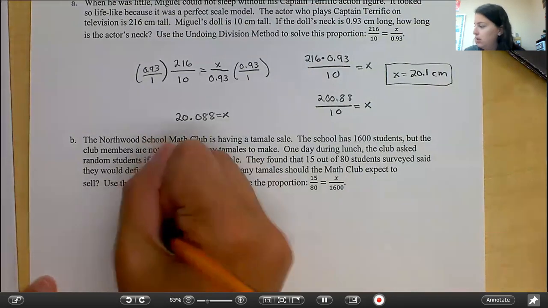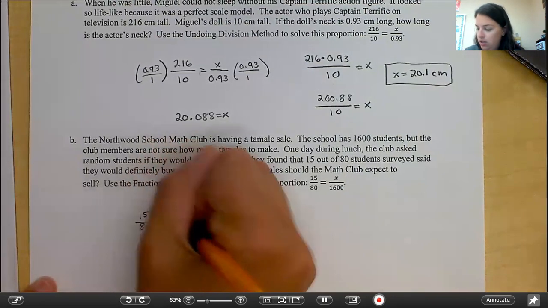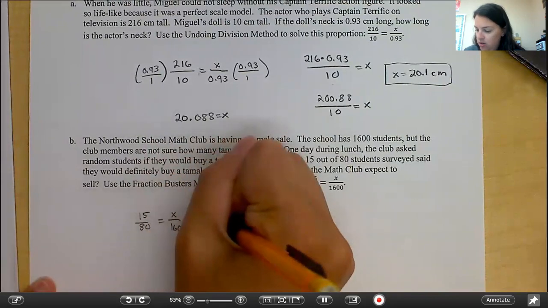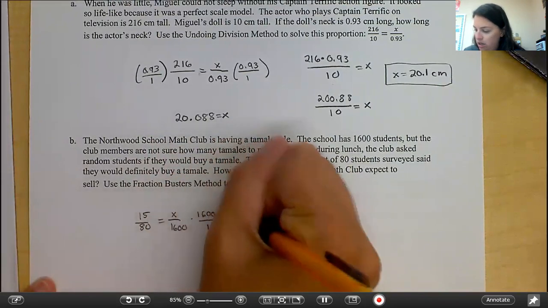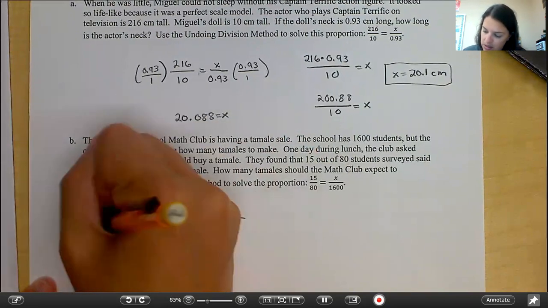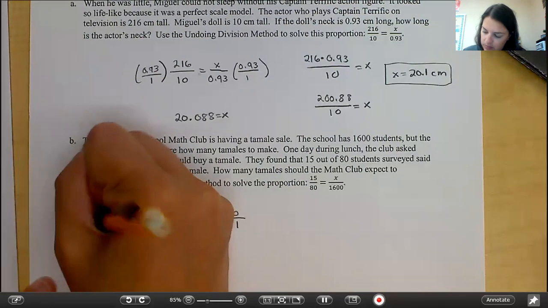Okay, so we're going to look at this. 15 over 80 equals x over 1,600. So we're going to multiply this side by 1,600 over 1 and 80 over 1. And we're going to do the same thing over here, 80 over 1 and 1,600 over 1.